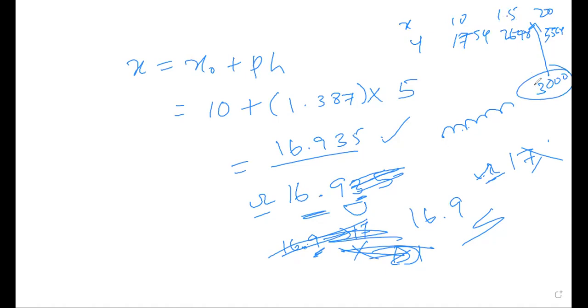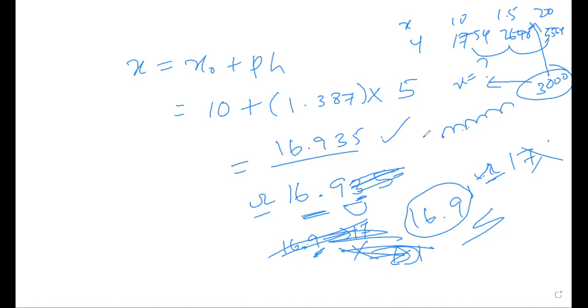We got some idea, since the values are increasing, that it lies somewhere between these, but where exactly it is, we did some process to find the actual x. So this is our inverse process. Hope you understood this one.